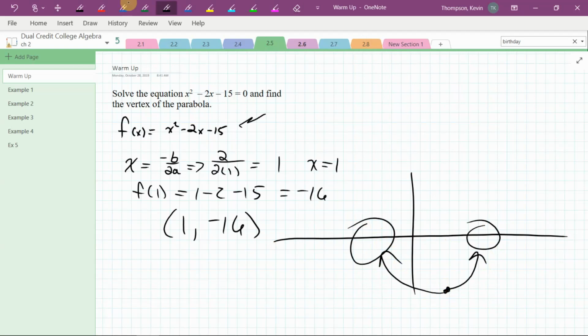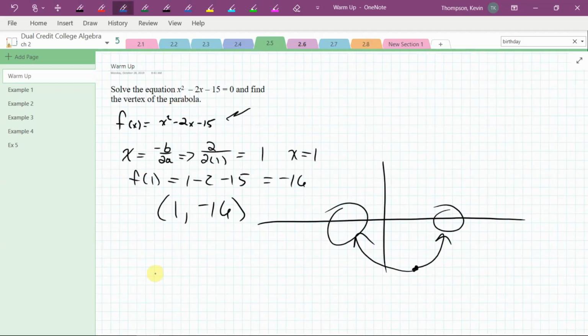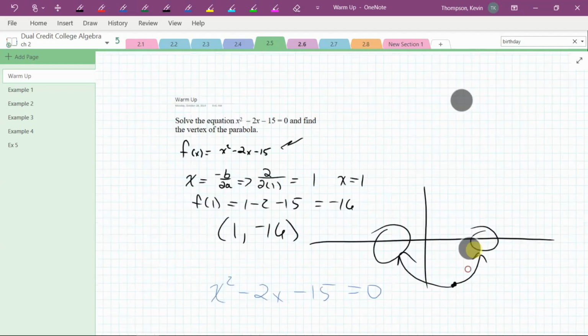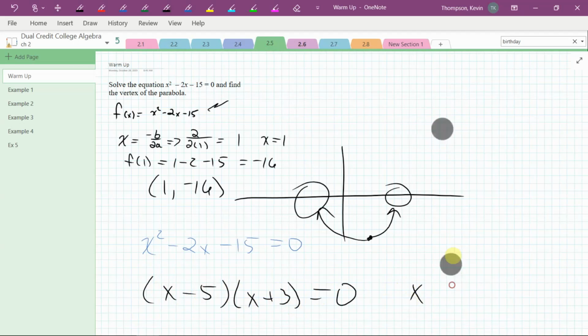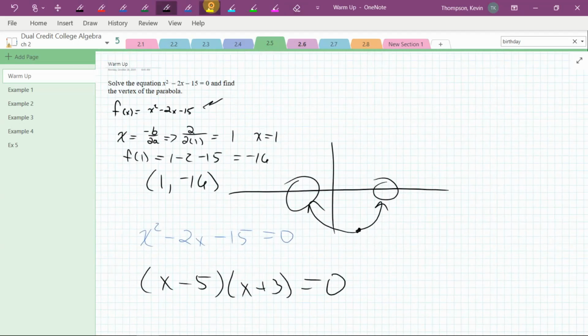So if you go ahead and finish and solve that, now we are really into either a factoring or quadratic formula kind of question, because now I could say x squared minus 2x minus 15 equals 0. Easiest thing here is probably to factor this, because it's (x minus 5)(x plus 3), which again, this 0 is very important.